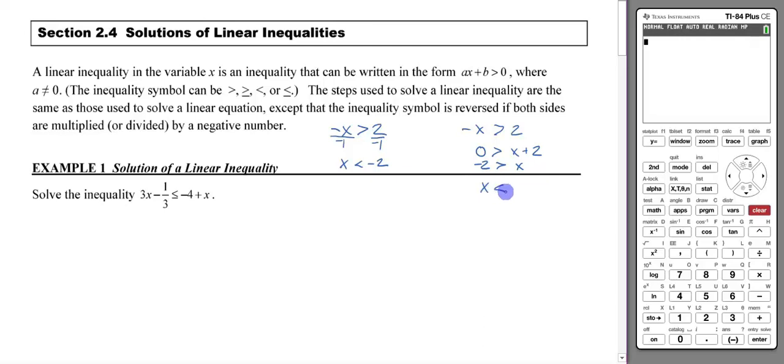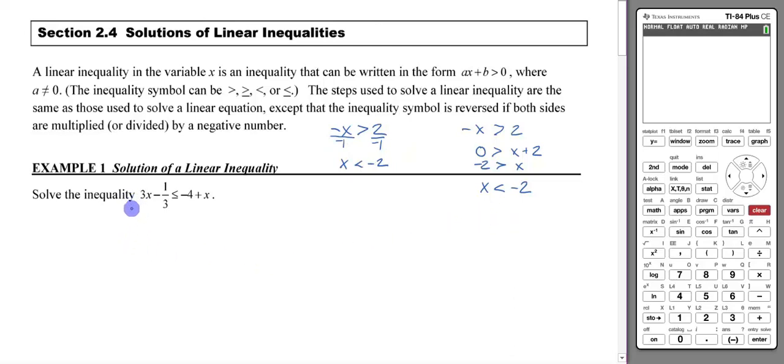So picking that whole thing up as if it were written on glass and flipping it over, you would have x is less than negative 2, where you've written it where it's not backwards anymore. So instead of going through all of these steps every time, we simply remember that if you multiply or divide by a negative, you have to flip the inequality sign.